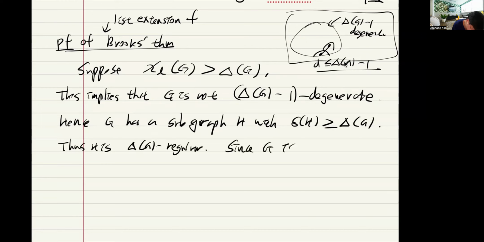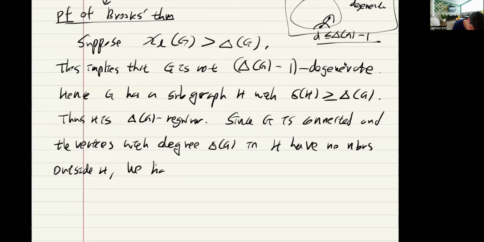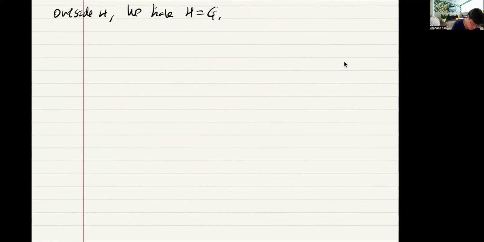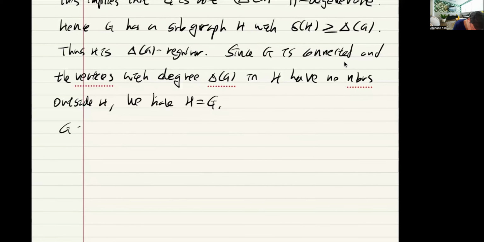And since G is connected, and the vertices with degree delta of G in H have no neighbors outside H, we must have that H is the same as G. So G itself is delta of G regular.